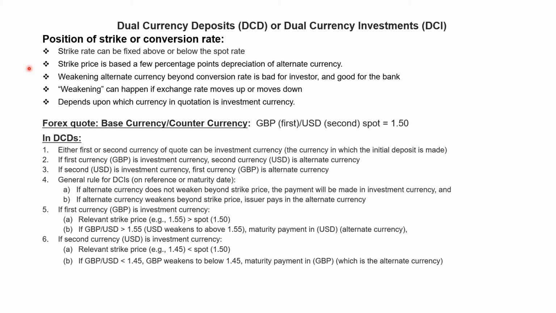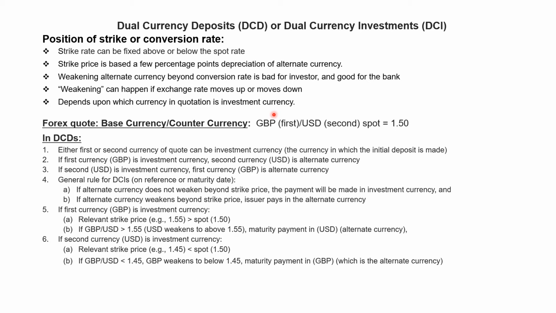Therefore, the strike price is always set based on a few percentage points depreciation on the alternate currency. Basically, the weakening of the alternate currency beyond the conversion rate is bad for the investor and it is good for the bank. This weakening can happen if the exchange rate moves up or moves down depending upon which currency in the currency pair quotation is the investment currency.